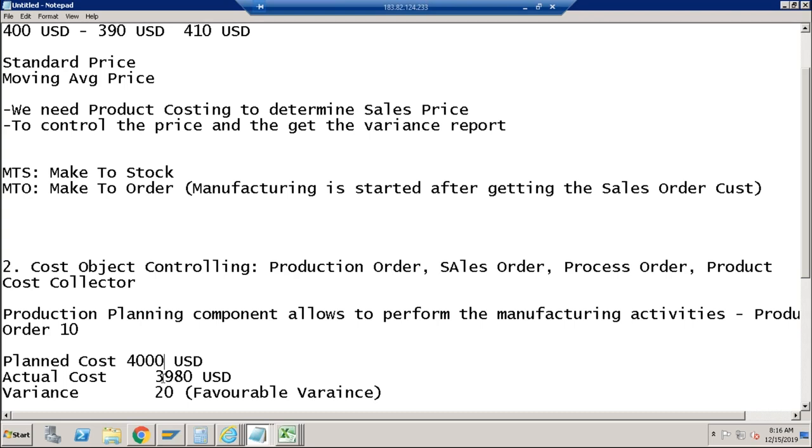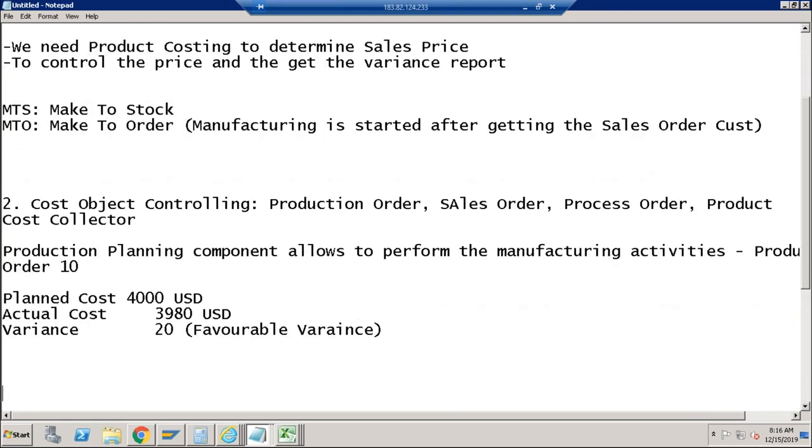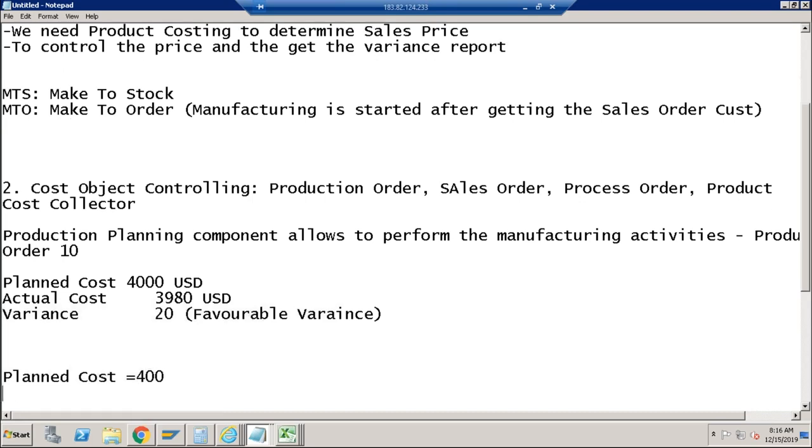Now, let me enter it here. Let's say the planned cost was equal to 400. The actual cost of this particular material, let's say they came up with 410.